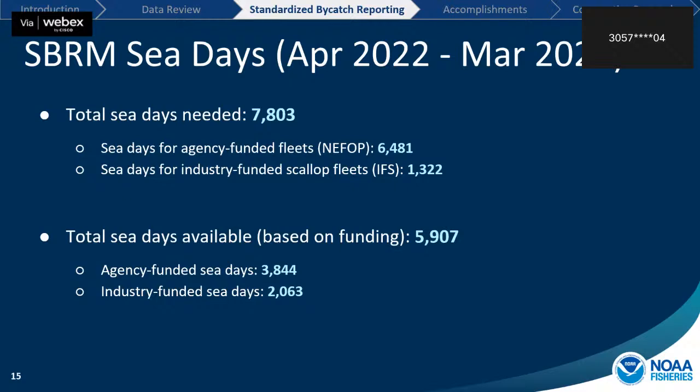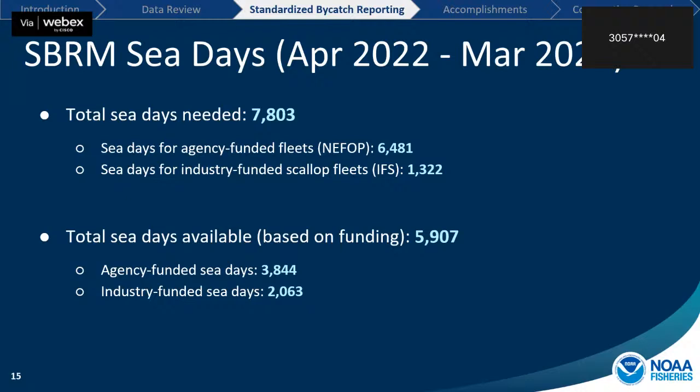I'm just wondering if there's a message here. Is there an indicator of a problem? Is there an onus being shifted here to industry? And is there something we need to be looking at with our SBRM interaction because there is a shift occurring, or is this just an indicator of something completely different?